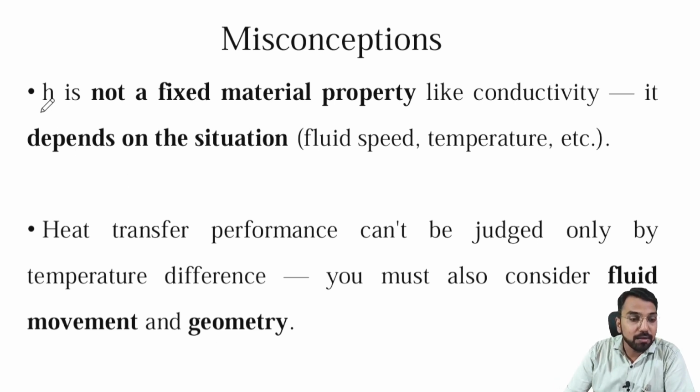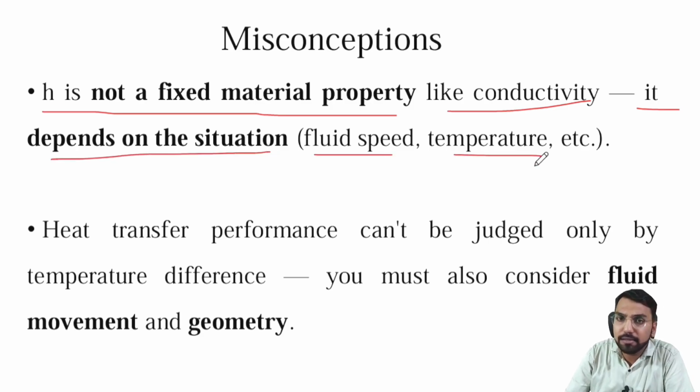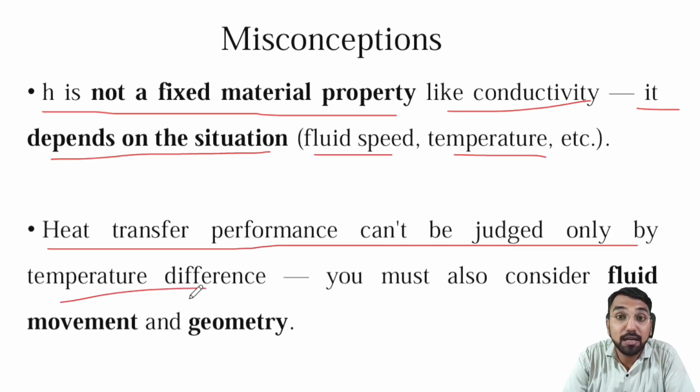So H is not a fixed material property like conductivity in conduction. It is dependent on the situation, like fluid speed, temperature, viscosity, density, and so on. So the heat transfer performance can't be judged only by the temperature difference in convection.